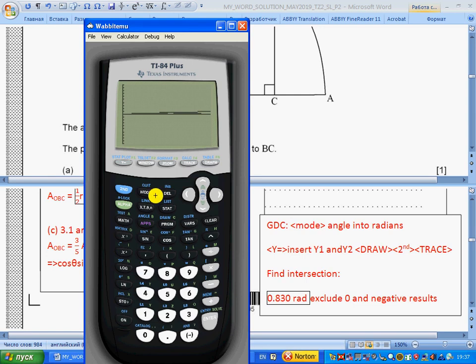What if we zoom in? Because it looks very small. Zoom in and press enter.